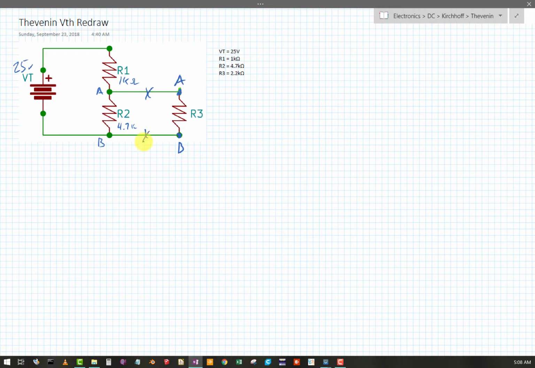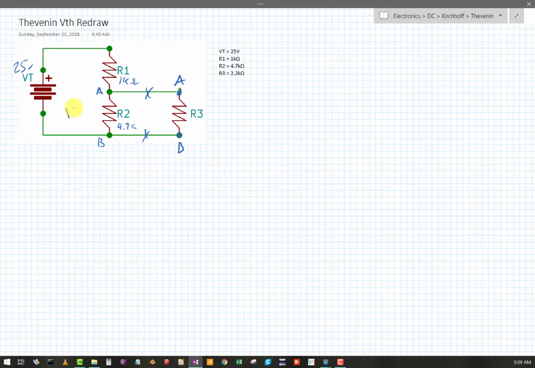If I removed R3 from the circuit, I opened it, so therefore its resistance is essentially infinite, as big as it could ever be. So now points A and B would have available the maximum voltage that this circuit could ever provide between points A and B.